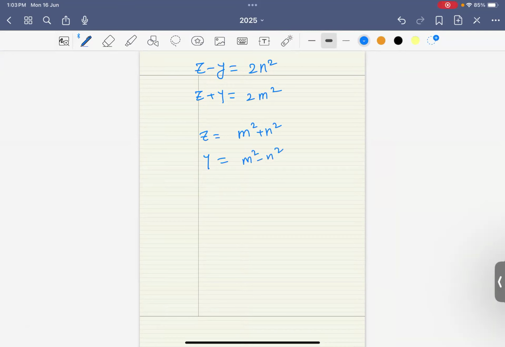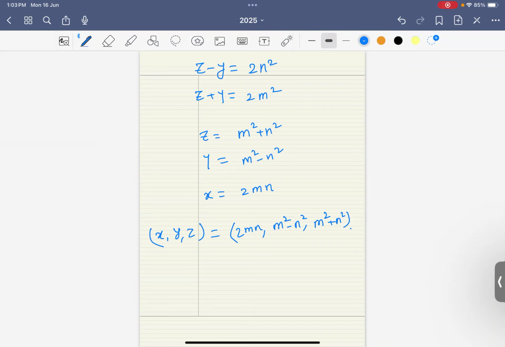And since x square was the product of these two, x will be equal to 2mn. And there we are. We have our Pythagorean triplets. So x, y, and z are going to be 2mn, m square minus n square, and m square plus n square. And as you keep on putting different values of m and n, you'll get different answers.